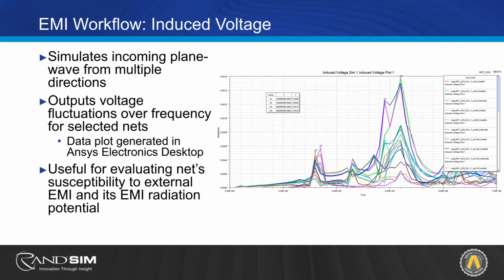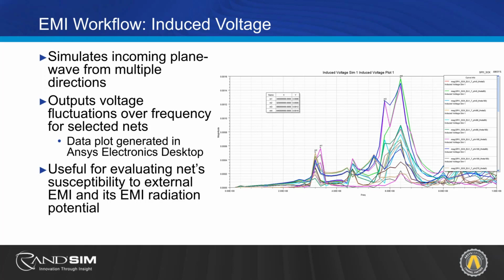That energy will couple onto this trace rather easily. And inversely, energy traveling from this design will also radiate just as easily at those frequencies. So we know that this is an EMI violation, but what frequency and how bad could this actually show up in an EMC plot?